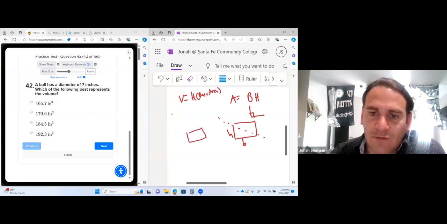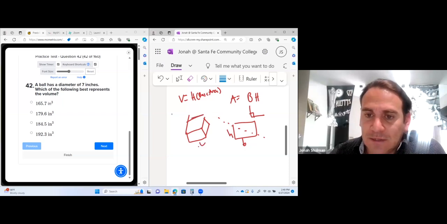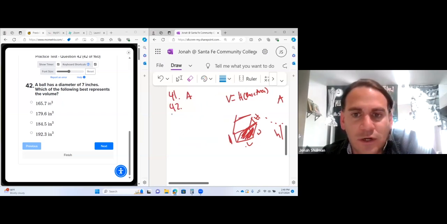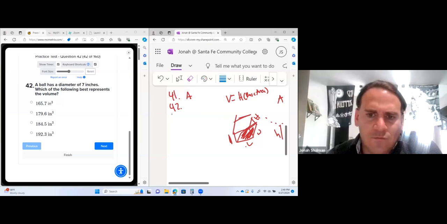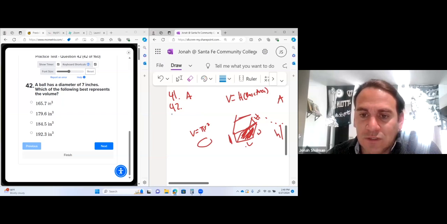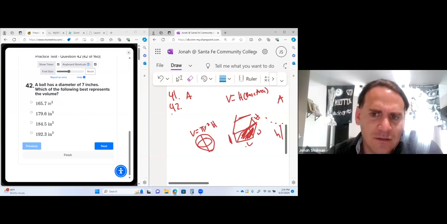So it's the area of the base. That's why it's length times width times height. It's the area of the bottom, whatever the bottom is, times the height. However, the volume here is pi r squared, because that's the area of the base of a circle, times the height.